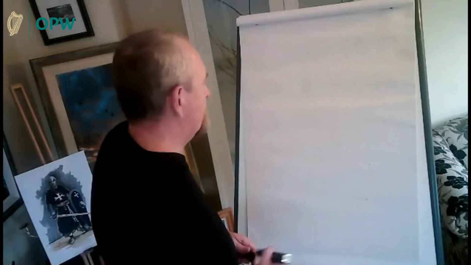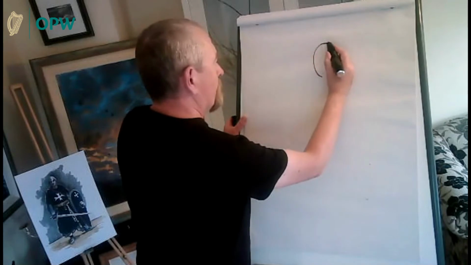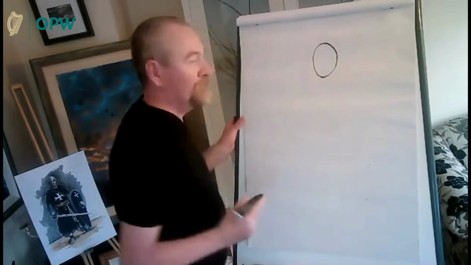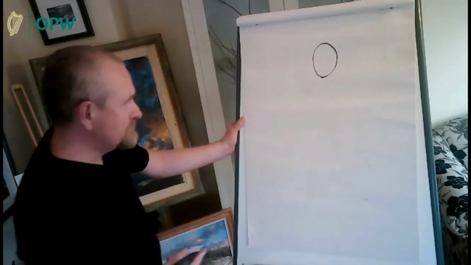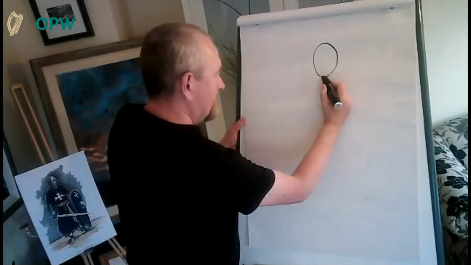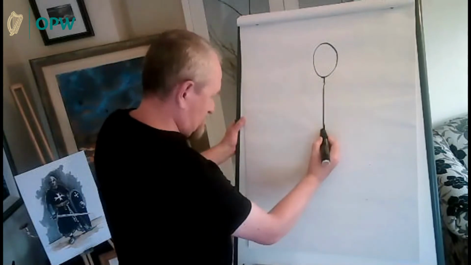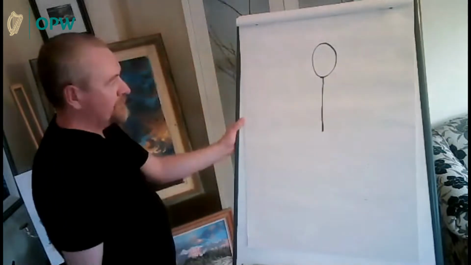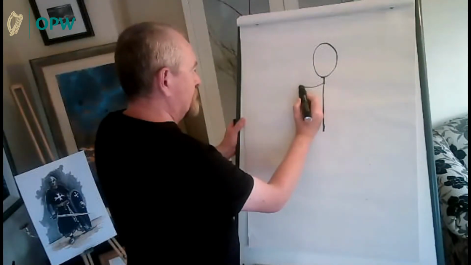So again, we'll stick with the basic shape. We'll start with our head, you might make it a bit more egg-shaped again. So if we take our trunk, but what we can do is introduce joints.